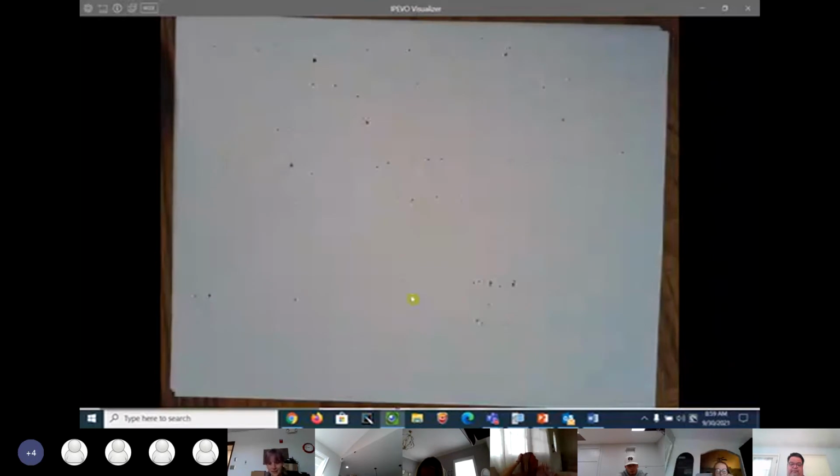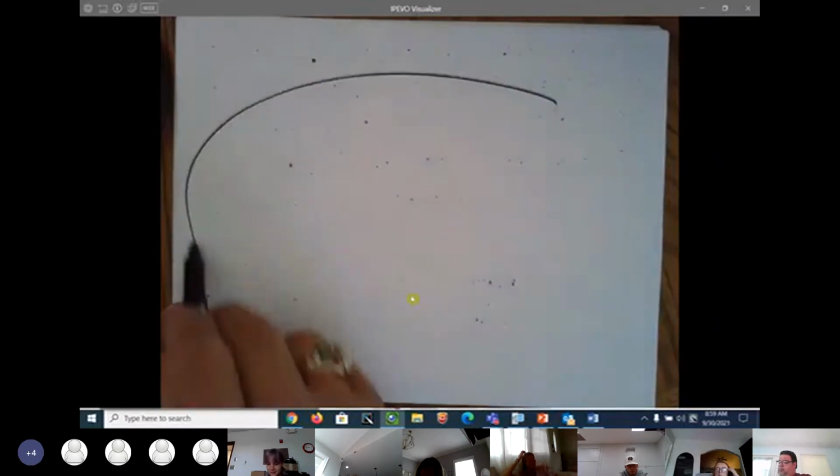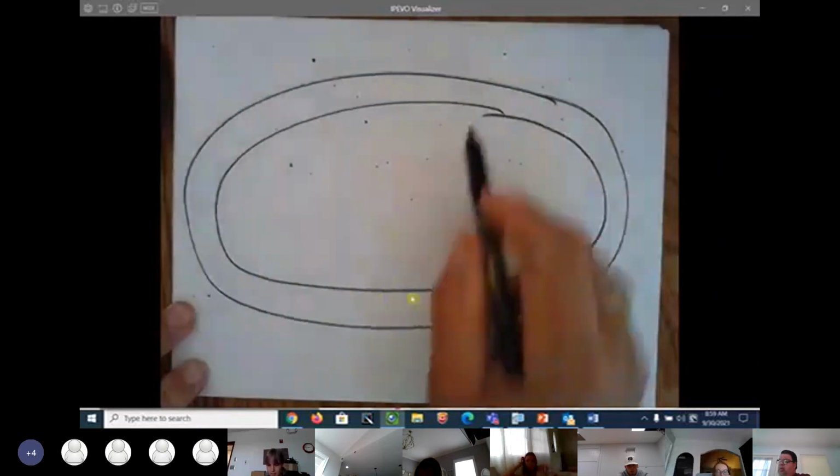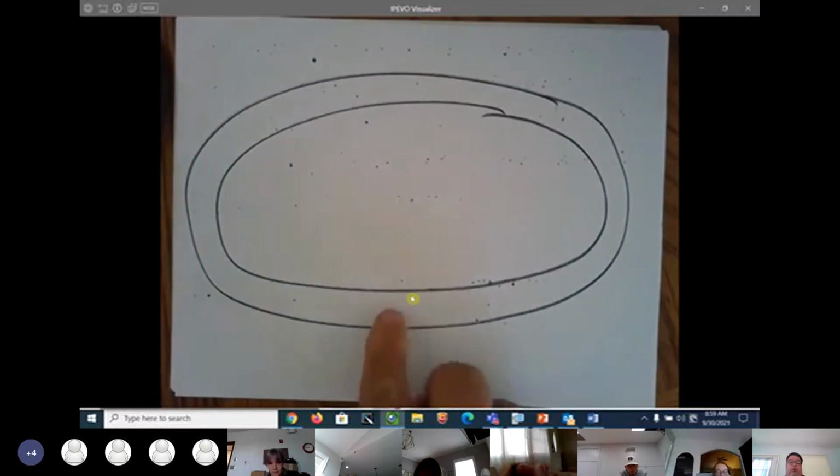Here's the racetrack. And you got 12 horses right here. And there's 3 horses that are just pitiful. They just suck.